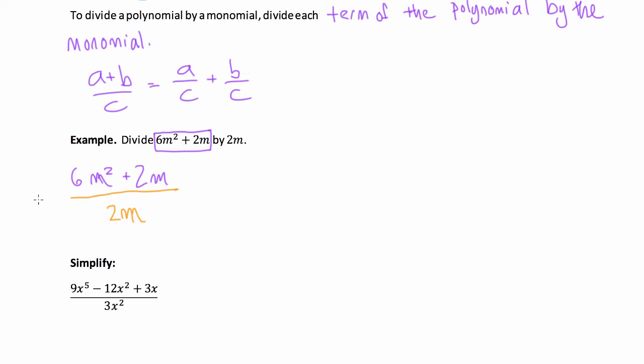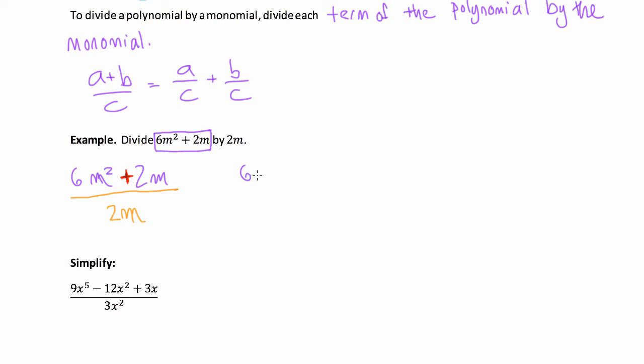One of the most dangerous things that happens in algebra is people want to cancel these, because I've got 2m upstairs and 2m downstairs. The thing to remember is that these things are connected by addition, and that cancellation only works when multiplication is the only thing happening.